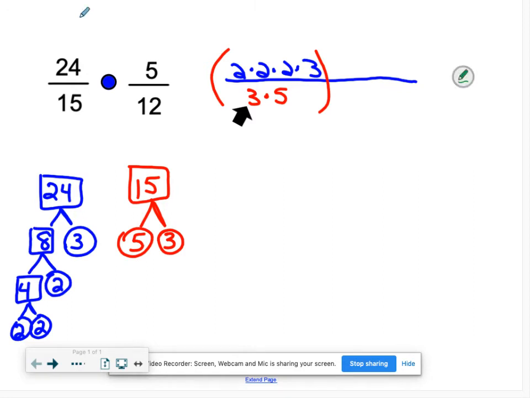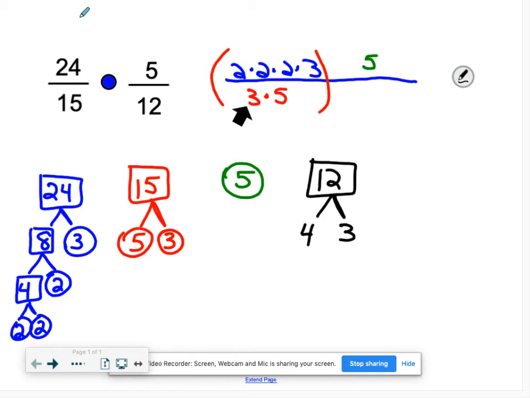Let's repeat the process with 5. Oh, 5's simple. 5 is already prime, so we don't have to do any prime factoring, and we can just put it right out there. Finally, we want to work with 12. 12 is not prime, so 12 needs to be prime factored. 12 can be prime factored into 4 times 3, and as we notice over here, 3 is a prime, but 4 is not.